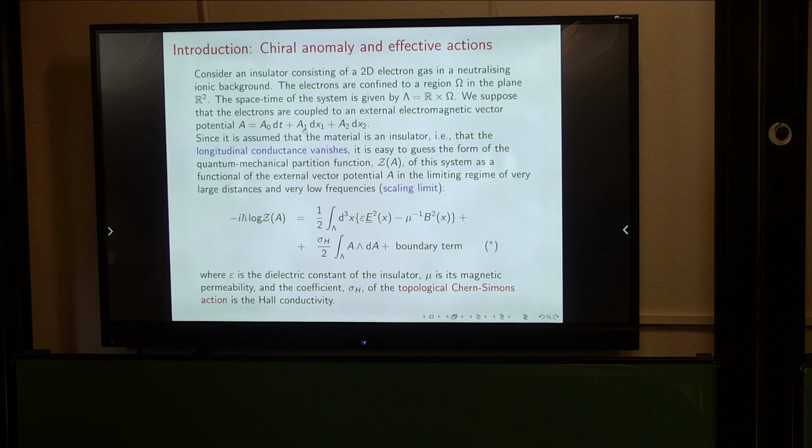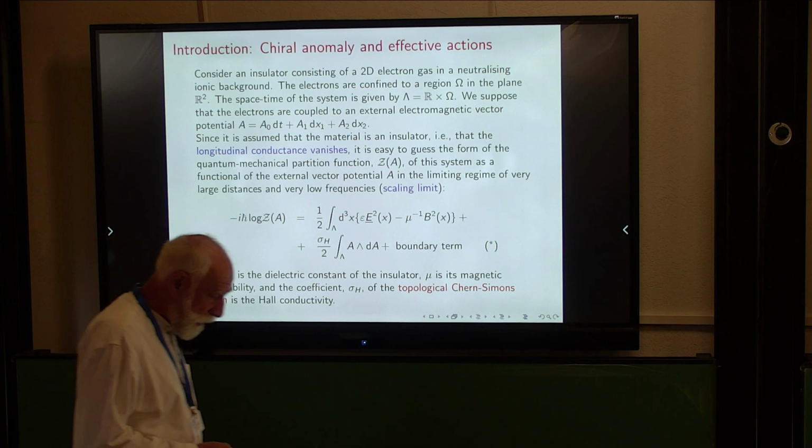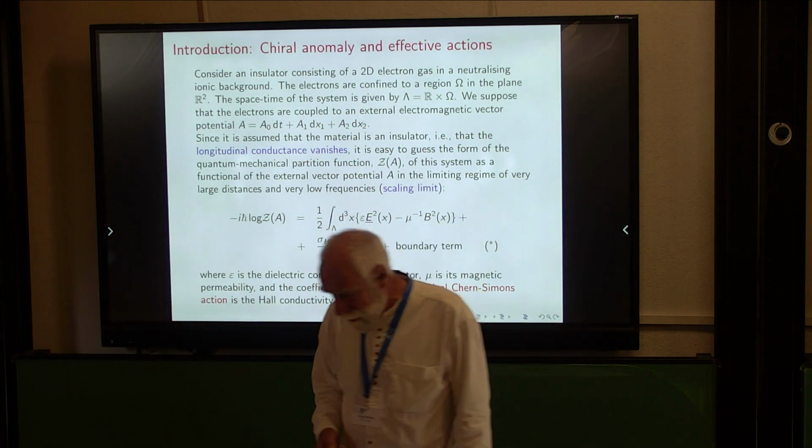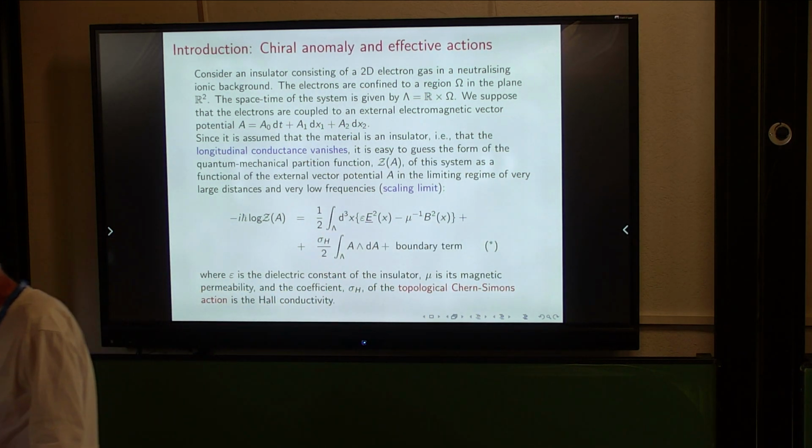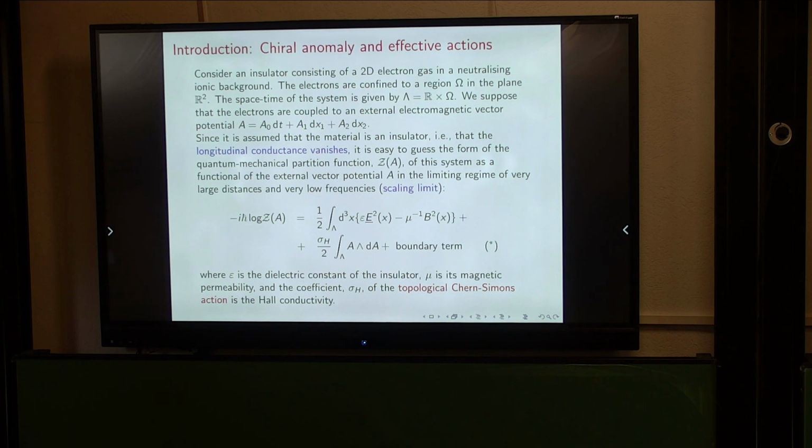So this is one form which describes the external electromagnetic field. If the longitudinal conductance vanishes, meaning that the gas is in an insulating state, then it is easy to guess the form of the effective action.